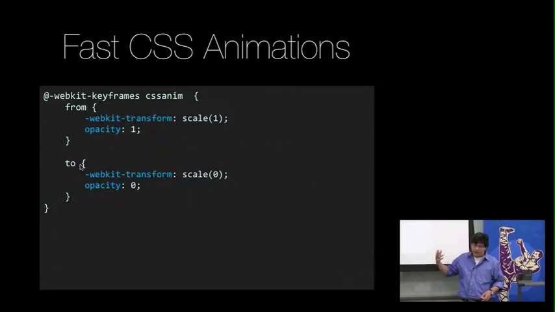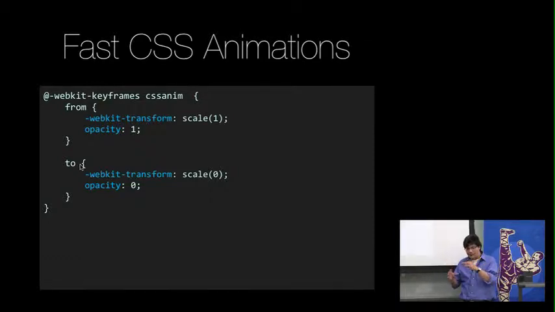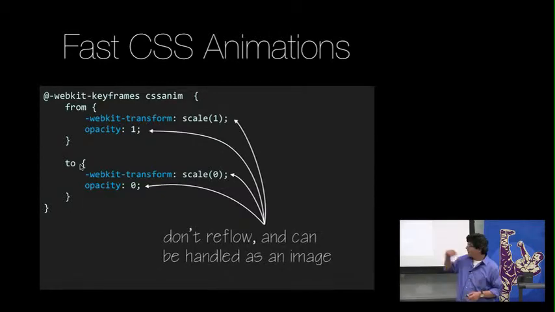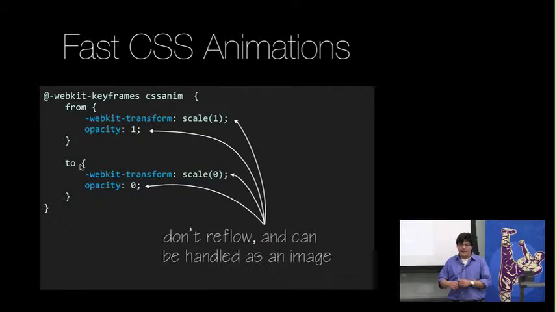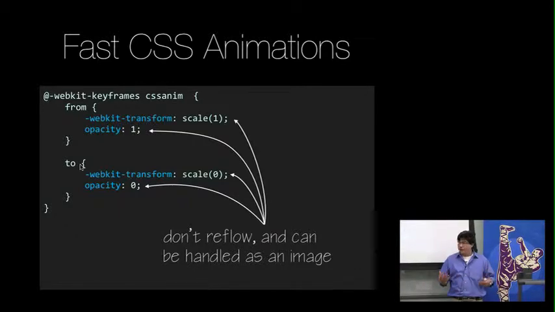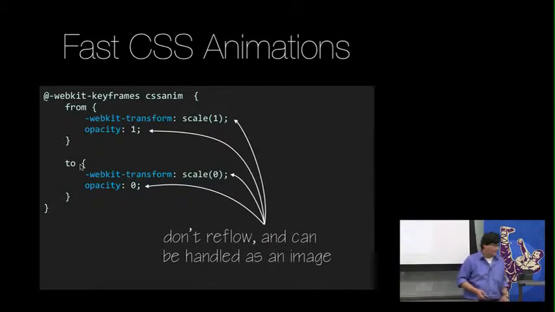But with the transform, the browser is able to essentially take a quick little snapshot of the thing you're about to transform and just work straight on that snapshot. It doesn't have to reflow the document at all. It can be handled as an image. Essentially it sort of cheats, but it cheats in a very fast way.